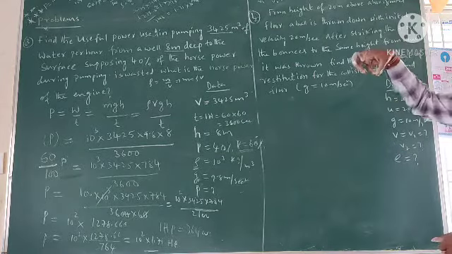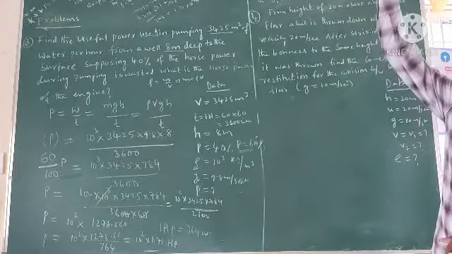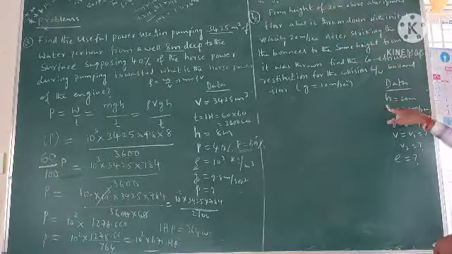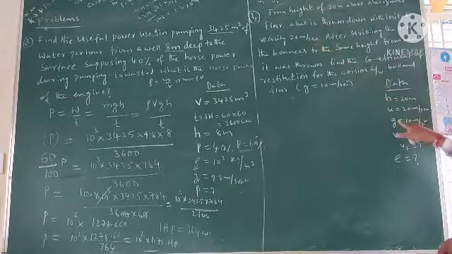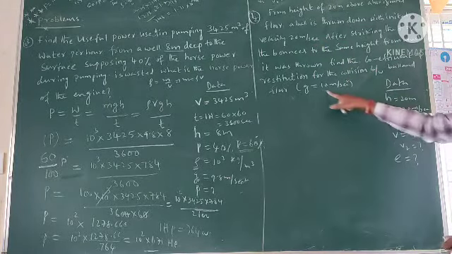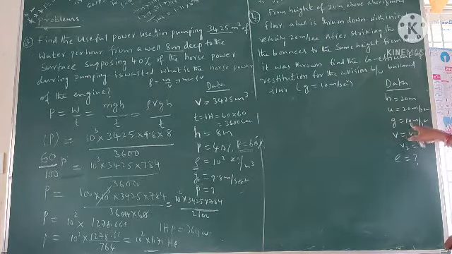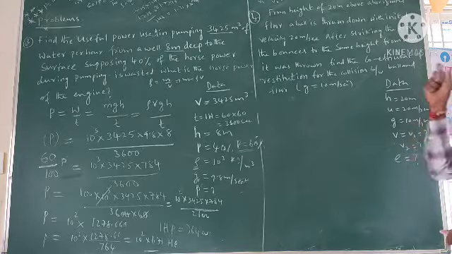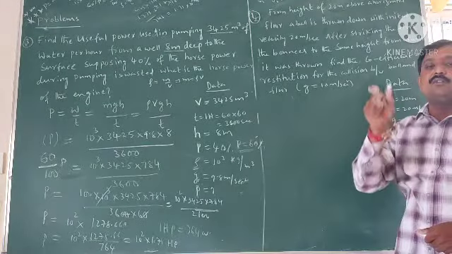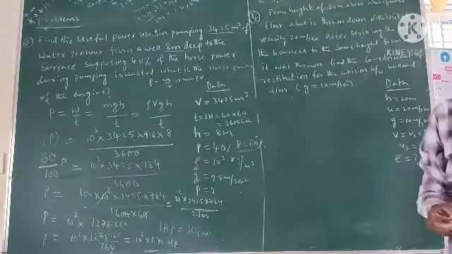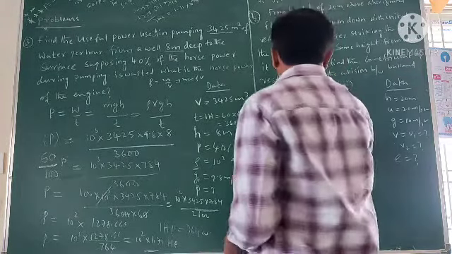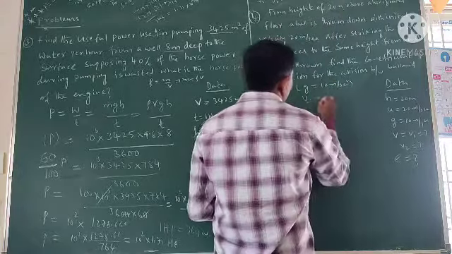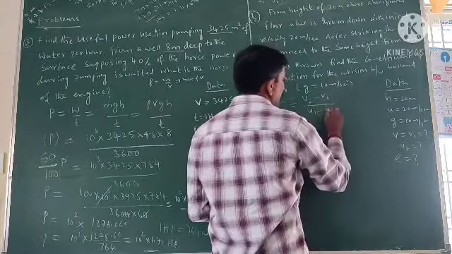So we are taking one ball. The ball is dropped from a certain height. How much height? H is equal to 20 meter. Initial velocity 20 meter per second. G is equal to 10 meter per second square. Now find out the coefficient of restitution. We know that the coefficient of restitution E is equal to V2 minus V1 by U1 minus U2.